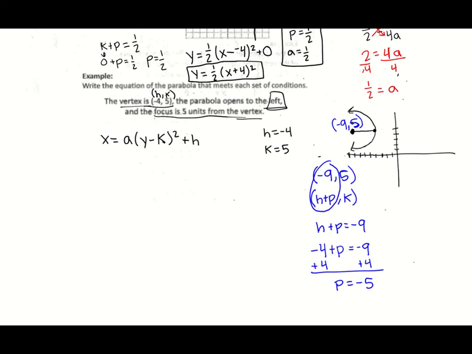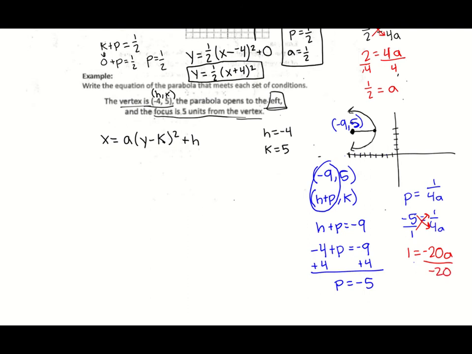My last step is to find a. I know p equals 1 over 4a. Plug in my -5. And I'm going to put that -5 over 1 so I can cross multiply. I get 1 times 1 is 1, and that is equal to -5 times 4, which is -20a.